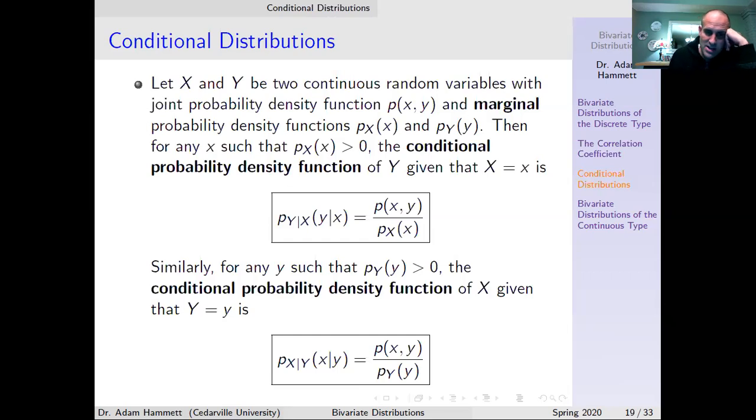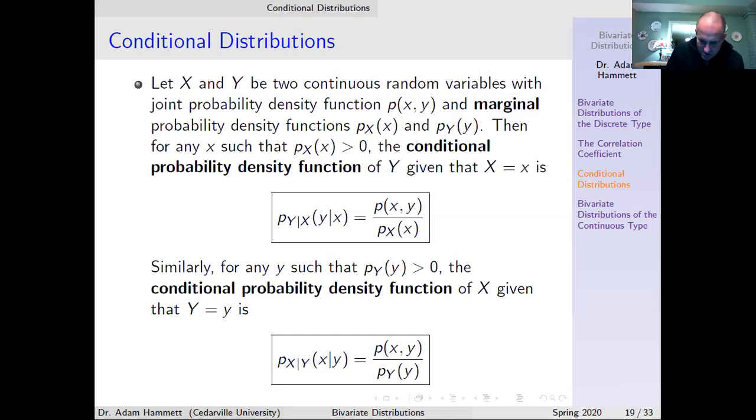So look at that crazy notation. P sub Y given X of y given little x is equal to P of xy divided by the probability that big X is equal to little x.